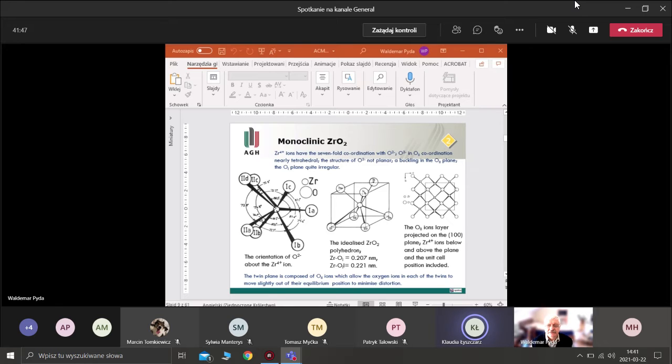I don't think so, because as you can see, there is also a buckling plane and also quite an irregular plane when it comes to oxygen. Okay, and in such a case, what is the real structure of the monoclinic phase?